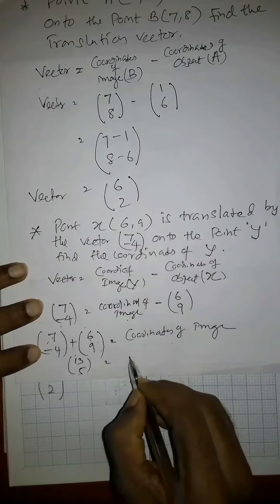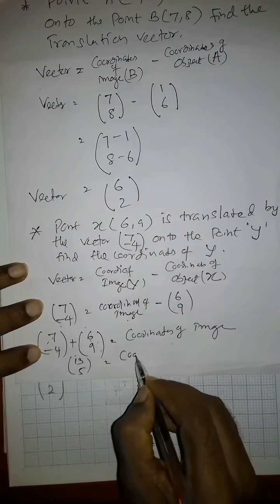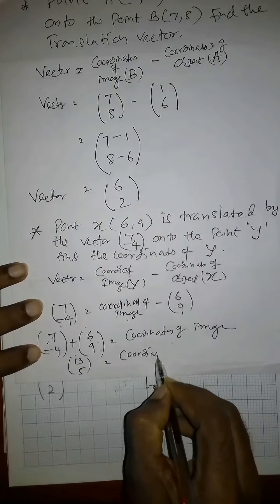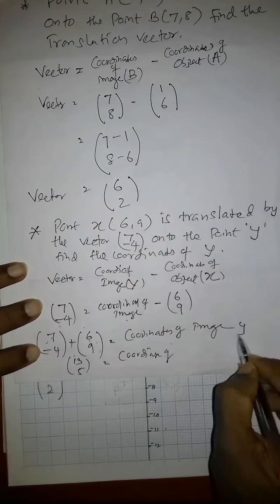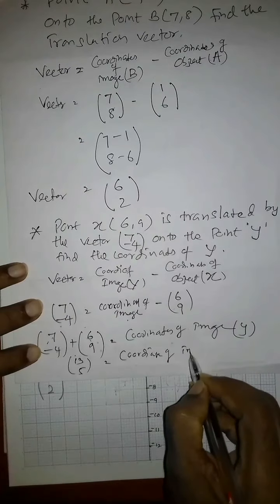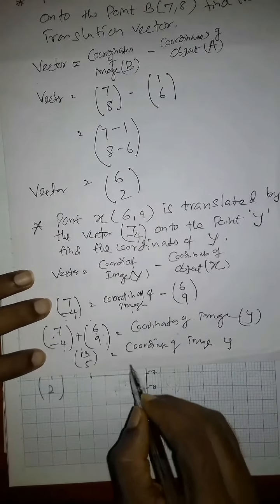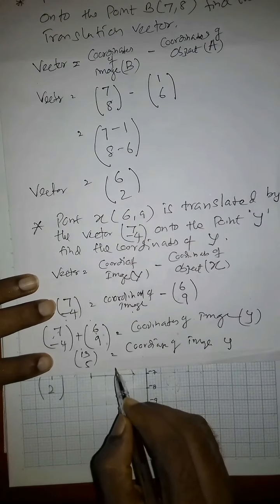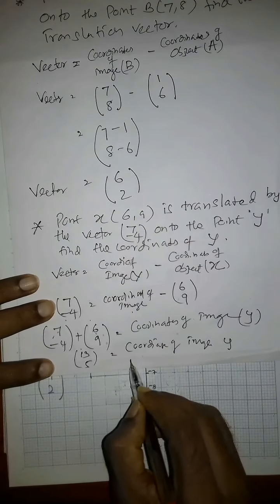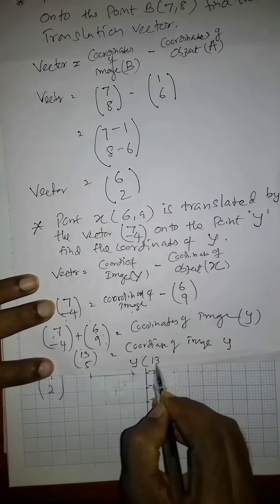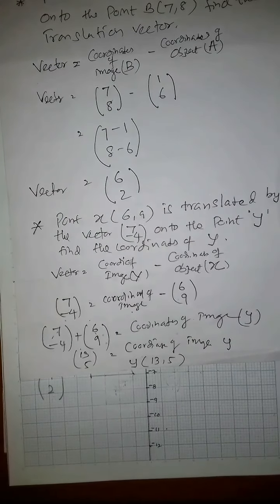This is the coordinates of image Y. Then you write Y as the point (13, 5) in coordinate form, like a coordinate pair.